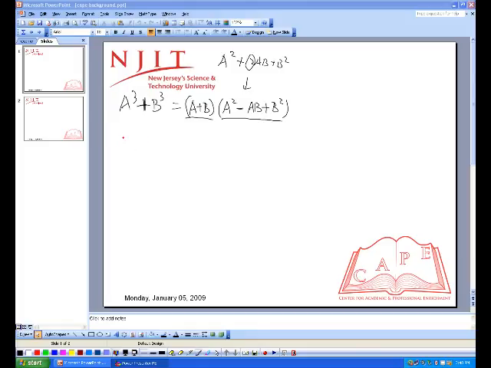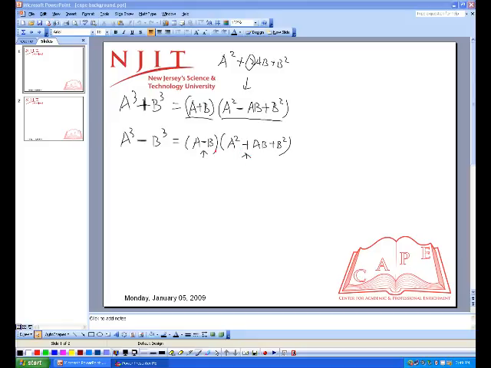Also, a cubed minus b cubed is equal to a minus b times a squared plus ab plus b squared. See, this sign here is the same as that sign, but now you have a squared plus ab plus b squared. So this is what you could use to help you memorize: this sign is always the opposite of that sign.